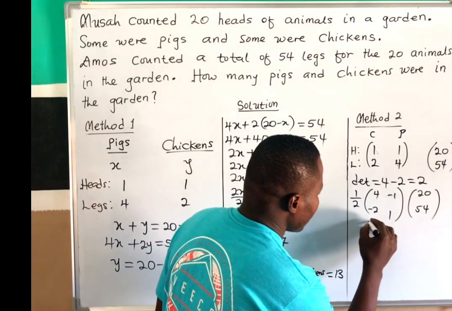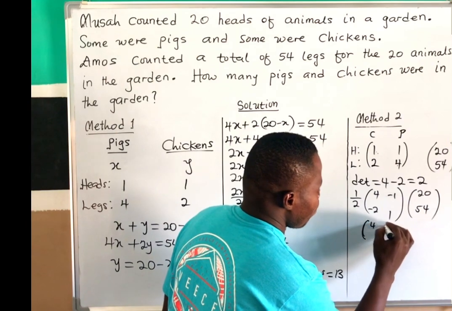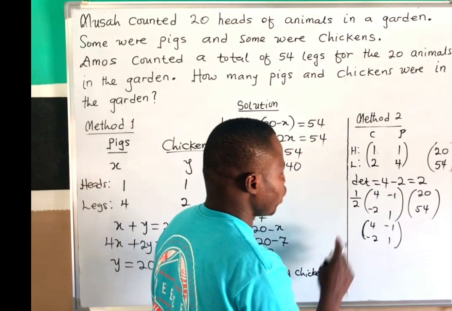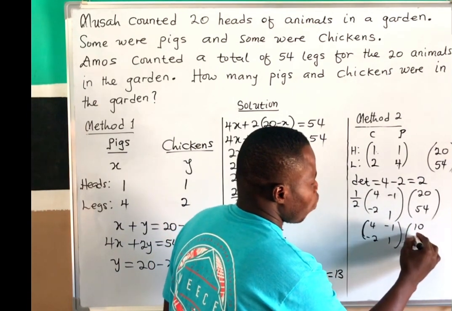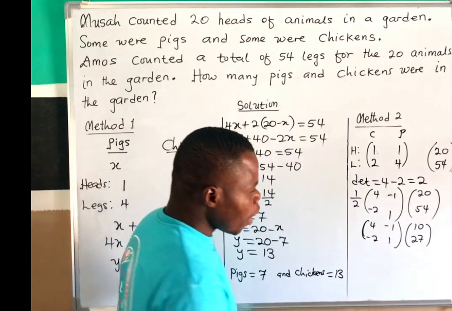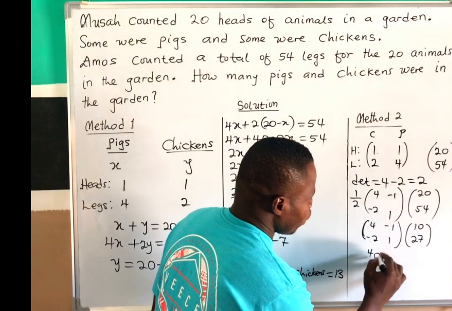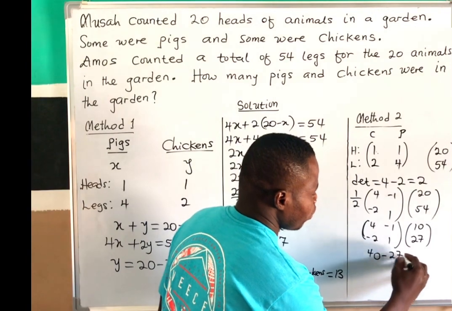So, we'll be able to get whole numbers. So, what I'll do is write 4, minus 1, minus 2, 1. I'm repeating this particular matrix. Half times 20 will give me 10. Half times 54 will give me 27. Then I will use 4 times this, that is 4 times 10, 40. Then minus 1 times 27, minus 27.